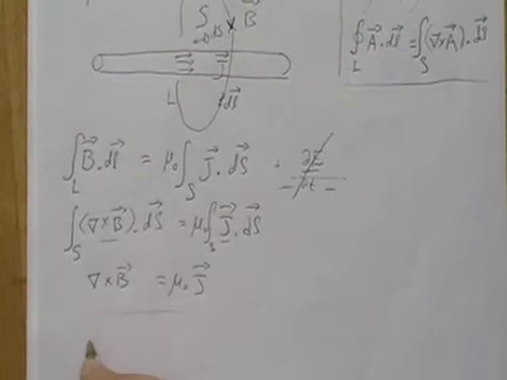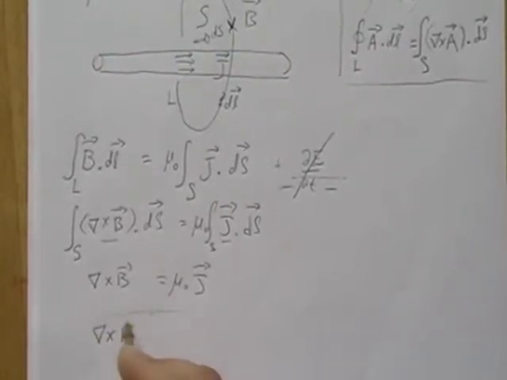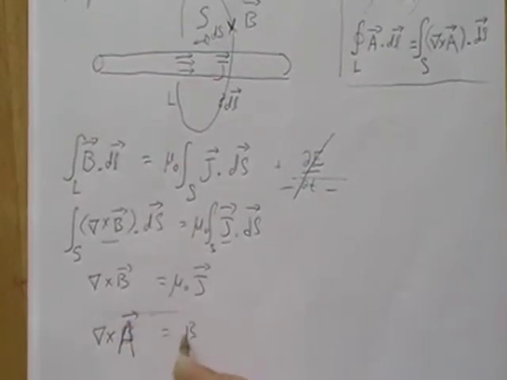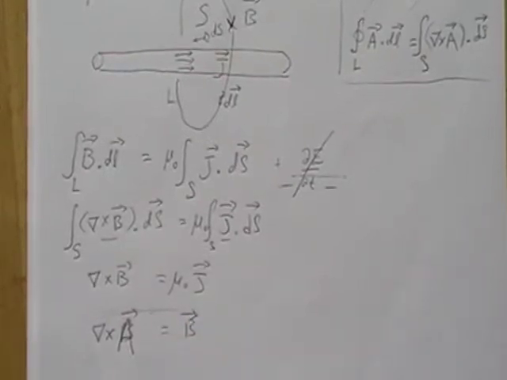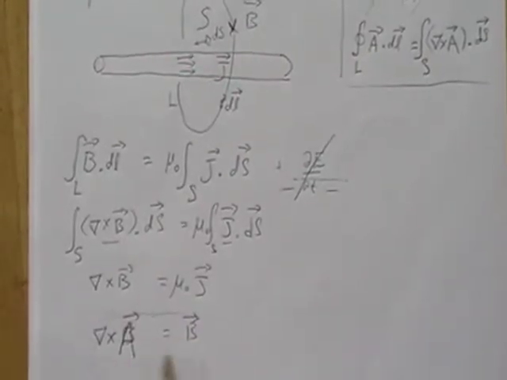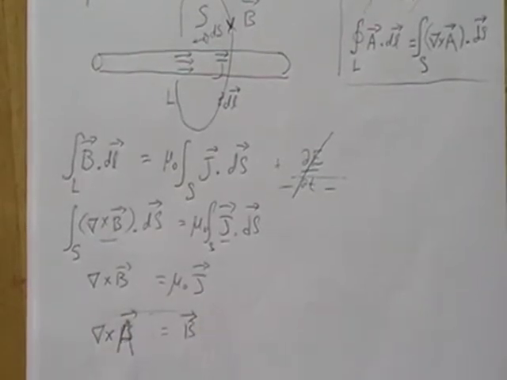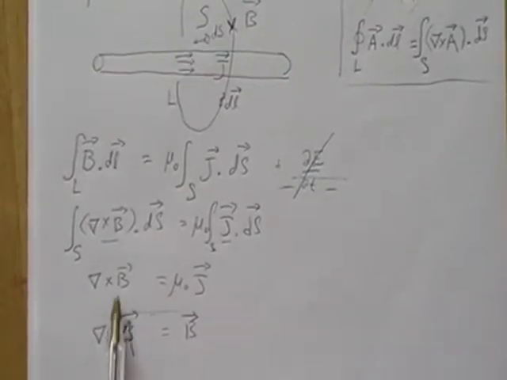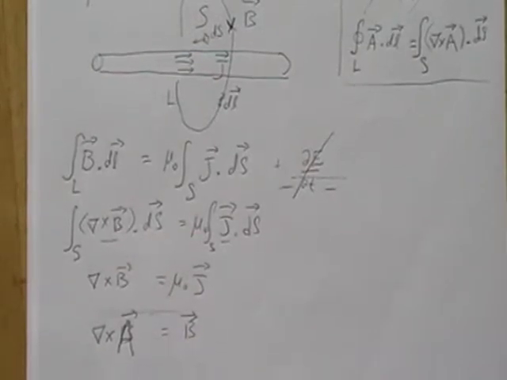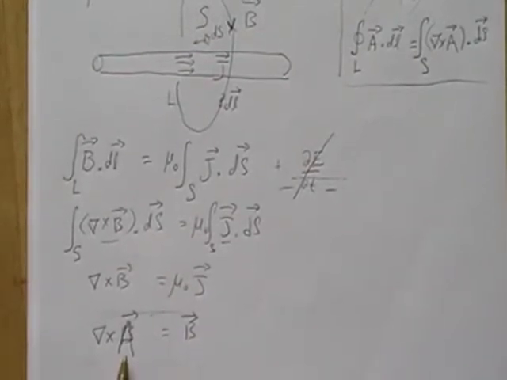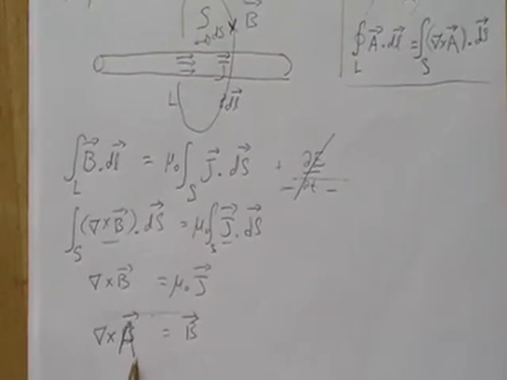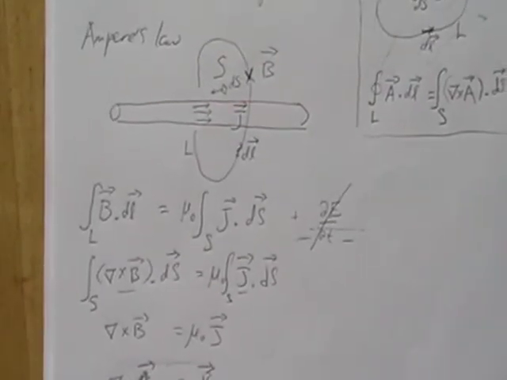So what we have here is the vector potential, curl of A equals B. And you can see by comparing the two that they are very similar. Now this similarity gives us a way to visualize the vector potential for a simple example.